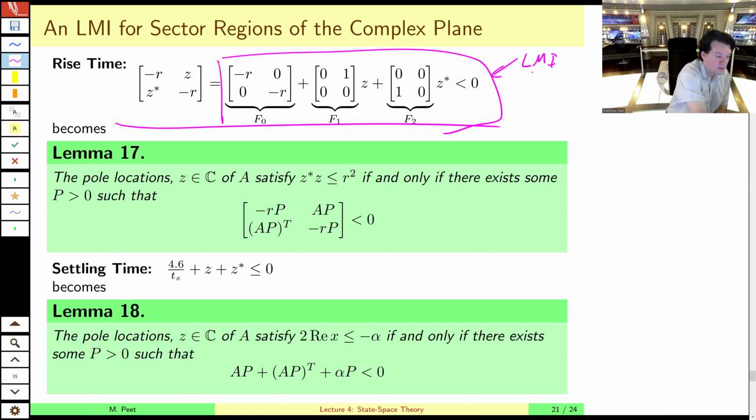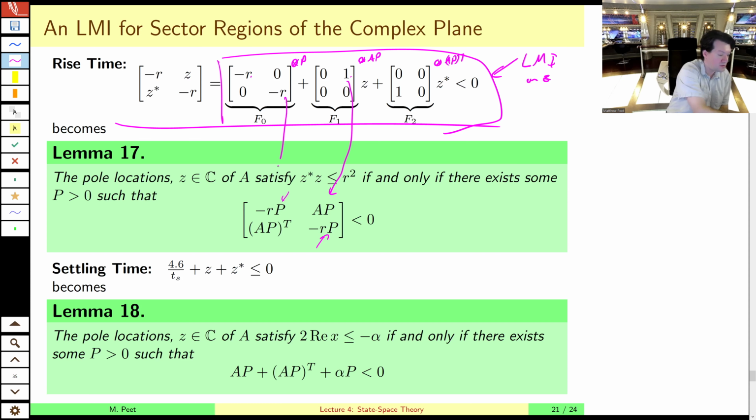LMI on Z, right? And so what do we do? Well, this gets Kroneckered with P, this gets Kroneckered with AP, and this gets Kroneckered with AP transpose, right? So there aren't many terms here. There's two terms in here, that gets here, there, and there. So this gets multiplied by P, this gets multiplied by P. This gets multiplied by AP, and it shows up here.